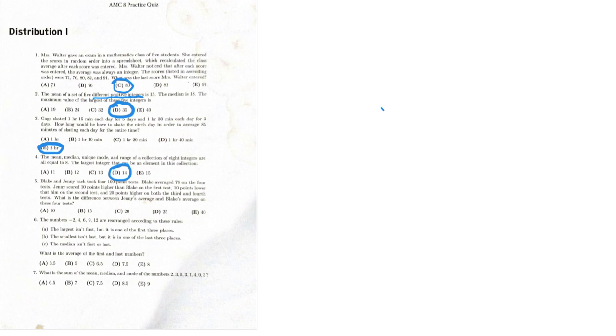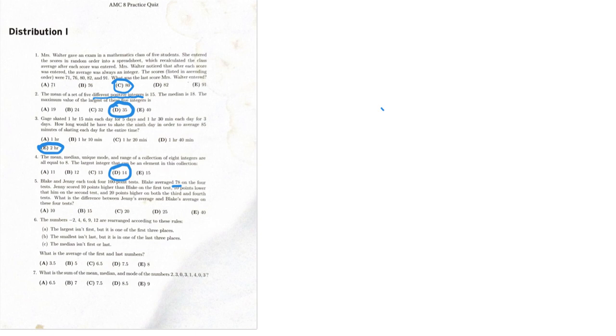Number 5. This is the 2003 AMC8 problem 7. Blake and Jenny each took 400-point tasks. Blake's average is 78 on the 4 tasks.